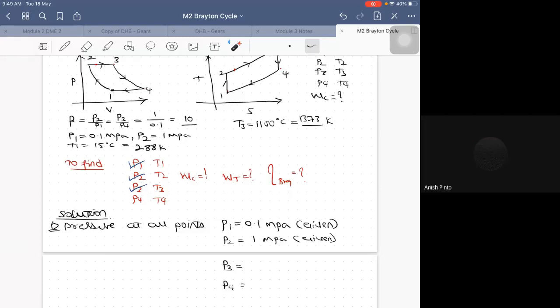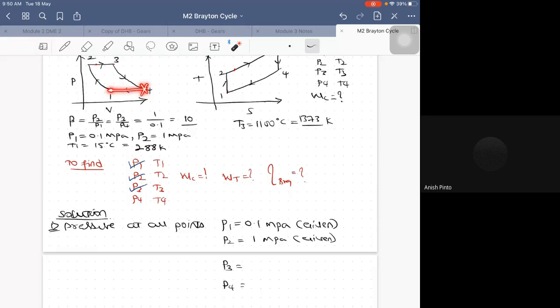Sir, don't make it so complicated. You know the value of P2, right? You need to calculate P3. Both are the same, no? Yes or no? Similarly, you know the value of P1 and you need to calculate the value of P4. Again, it is an isobaric process, same value.